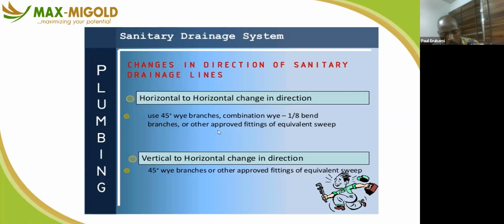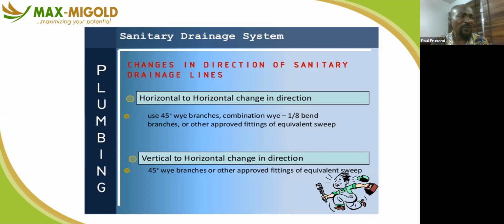Then there is what we call horizontal to horizontal change in direction and vertical to horizontal change in direction. The rule says that when you have a drainage pipe coming and meeting another one horizontally, you should use a 45-degree Y. What I mean by 45-degree Y is that you know the angle on a straight line is 180 degrees.